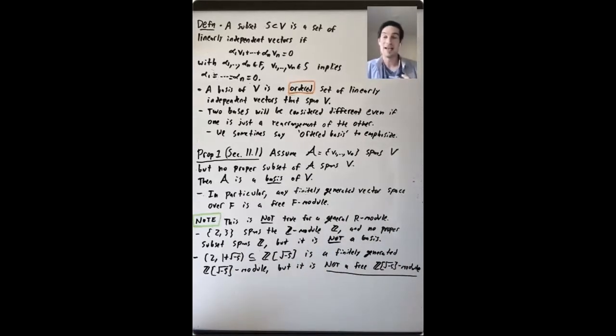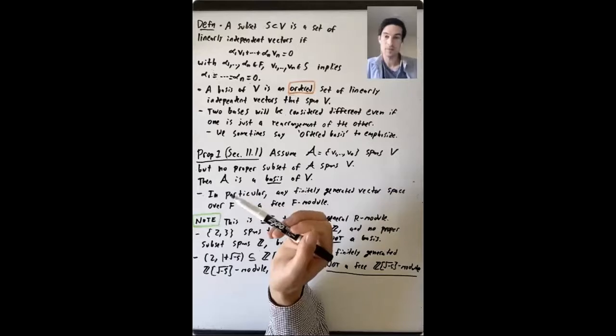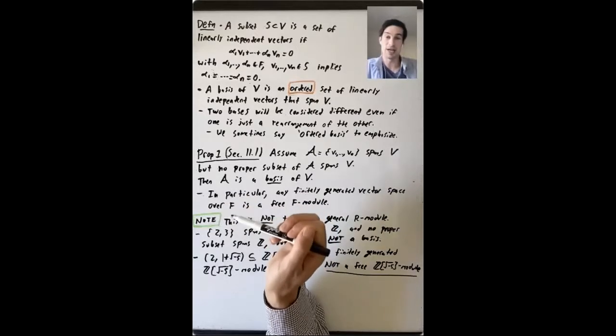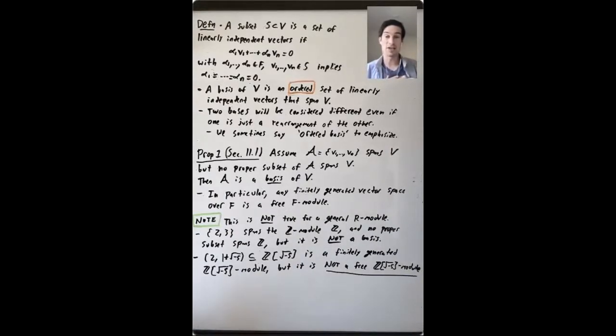Another reason is that starting in the next lecture, the focus of section 11.2 of Dummit and Foote is going to be taking a linear transformation and representing it as a matrix. So what that's going to involve is if you have a linear transformation from V to W, we're going to pick a basis for V and pick a basis for W, and we're going to use those bases to write down our matrix.